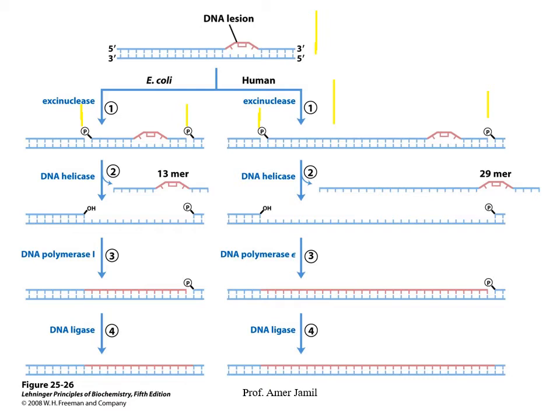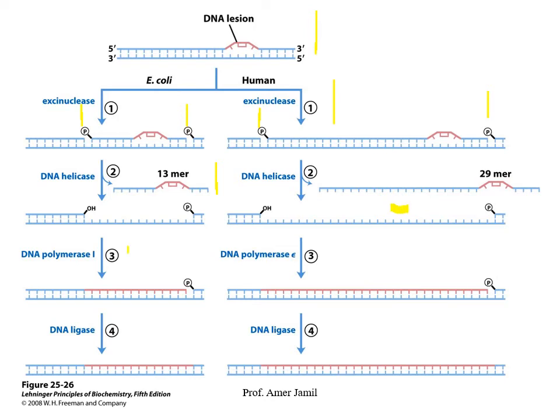Then DNA helicase in both of these removes the DNA which contains cuts on both ends. It is a 30-mer, meaning 30 nucleotides long, in case of E. coli, and a 29-mer, meaning 29 nucleotides long, in case of human cells. So you see that this part is removed.